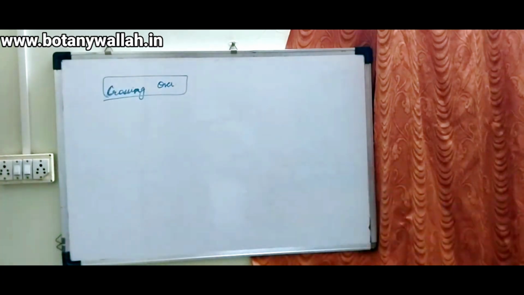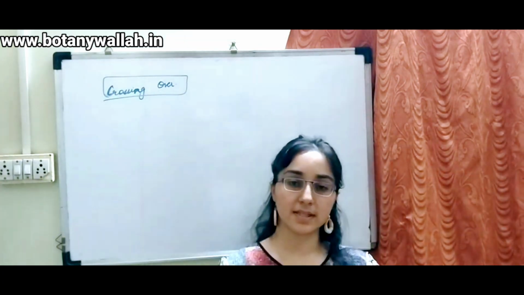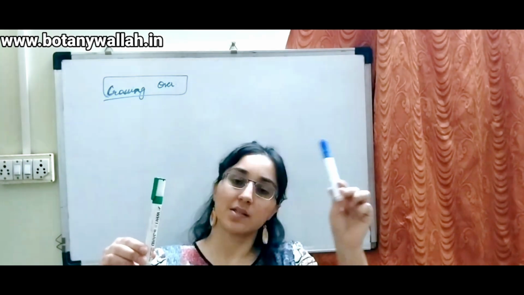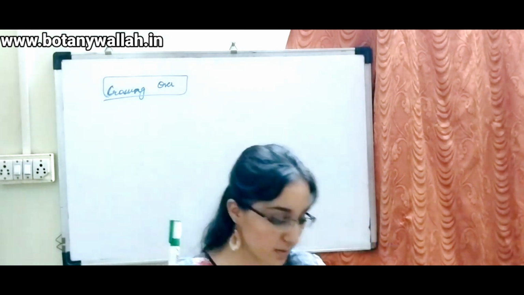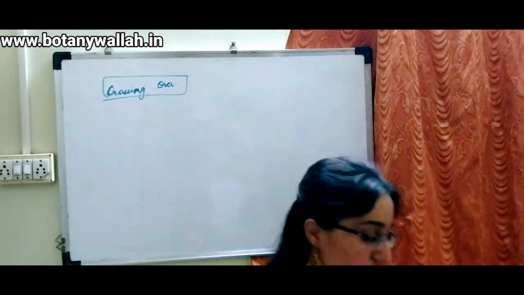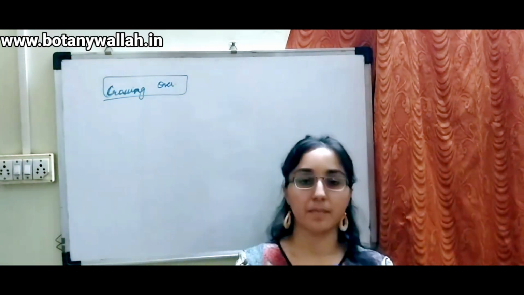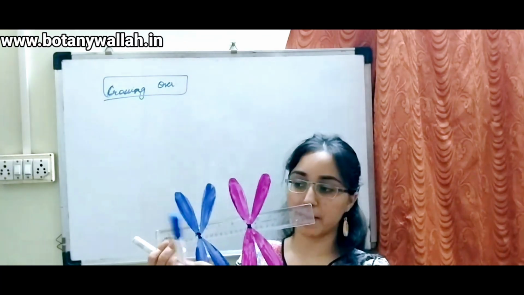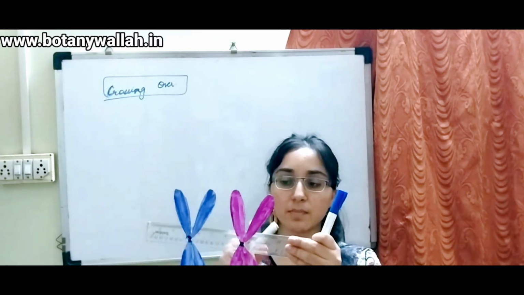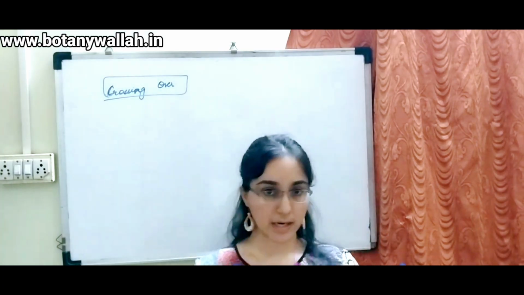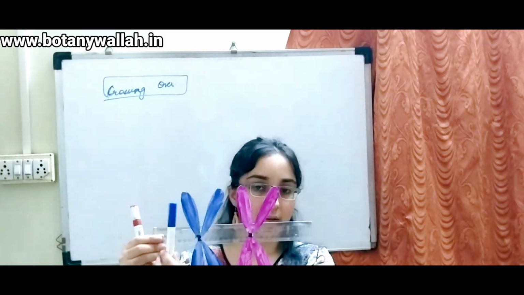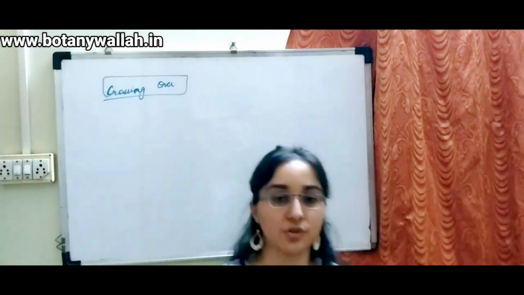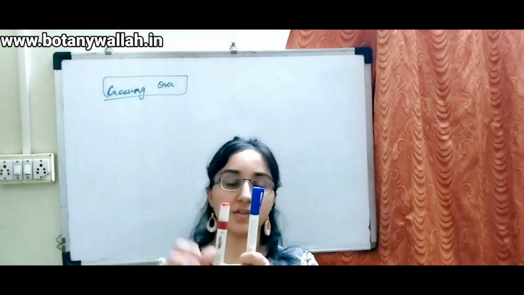Now I will explain some part. Suppose this is one chromosome and this is one chromosome. I will take this red one to give you a good idea. This is the blue chromosome, and the pink chromosome will be depicted by this red pen. Understood what I told? This is the paternal chromosome and this is the maternal chromosome. So these are the chromosomes and we say them homologous chromosomes.